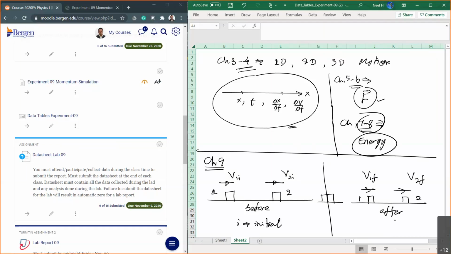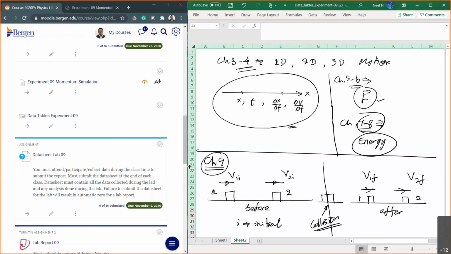And we assume mass is always conserved. Mass is not lost at all. So if there's a collision right here, then we try to investigate what happened during the collision, whether there's any energy loss, whether there are some other forces acting on the objects. That is what is planned for this whole chapter.